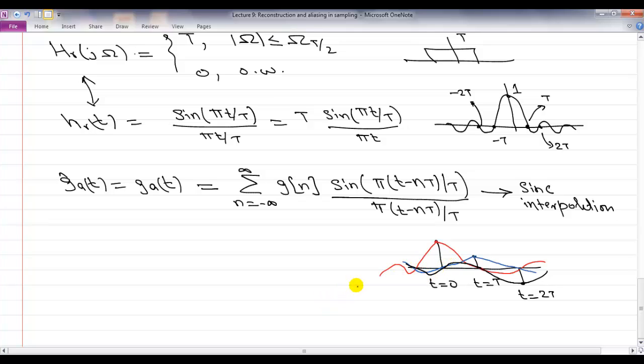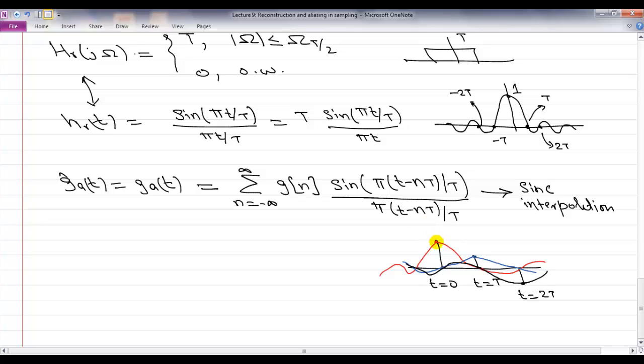Right? And your final result, how do you fill in these values? You basically add up all of these functions, and magically you are guaranteed that when all these infinite number of sincs are added up, you get back your original function. It's called sinc interpolation because you are using sincs to fill in the values in between.